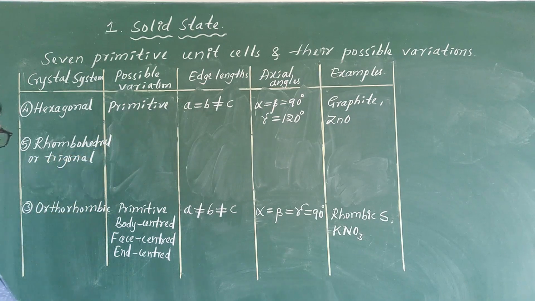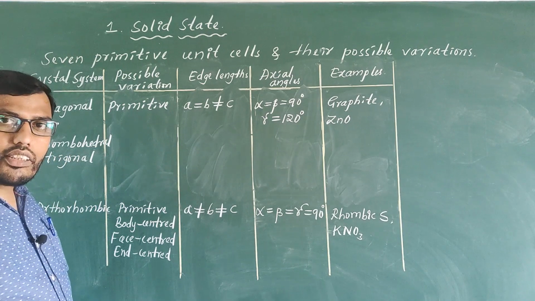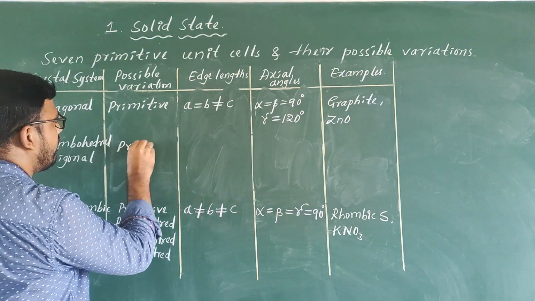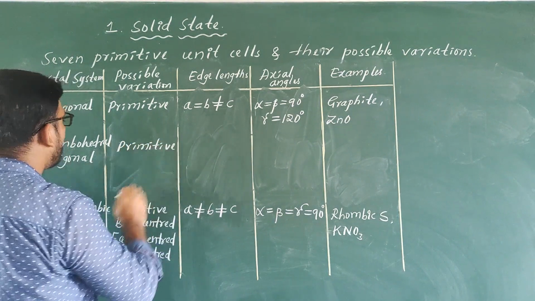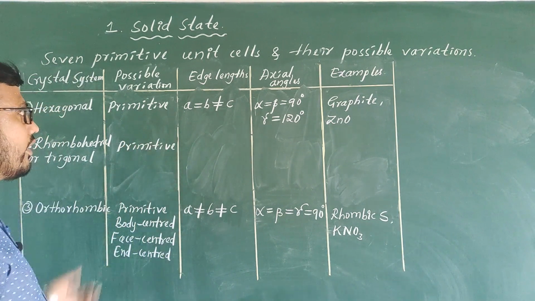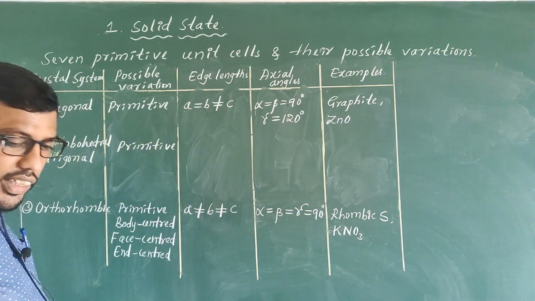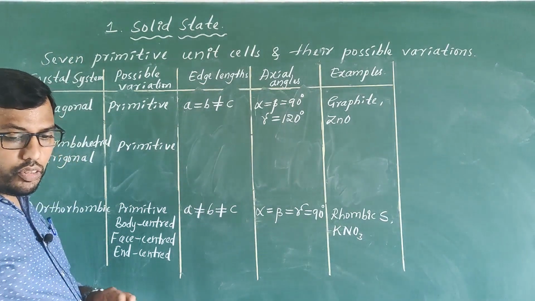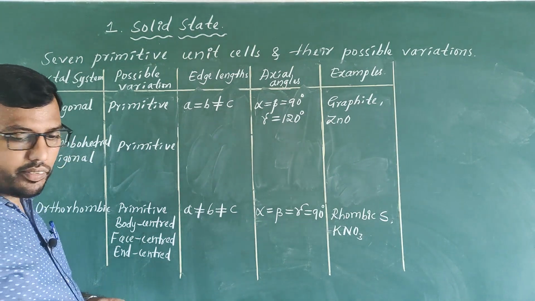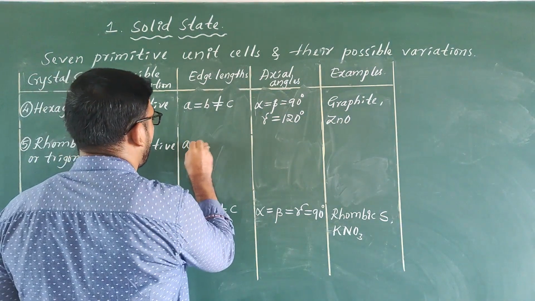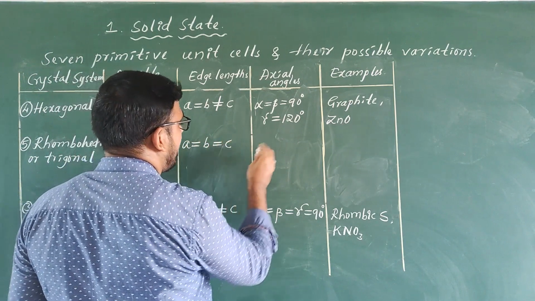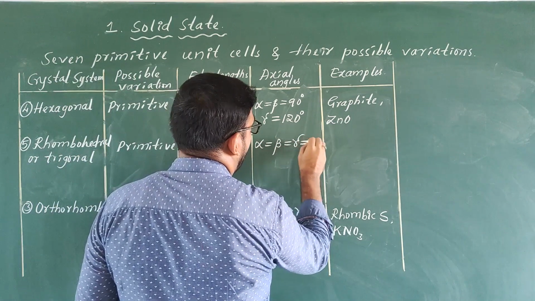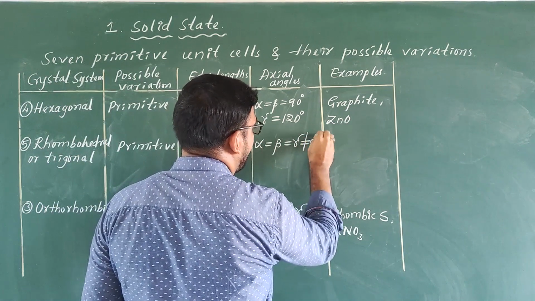So this system also has a single possible variation, that is primitive. Coming to the edge lengths, we know they are equal. Edge lengths are equal in the sense A is equal to B is equal to C, but the angles alpha is equal to beta is equal to gamma is not equal to 90 degrees.